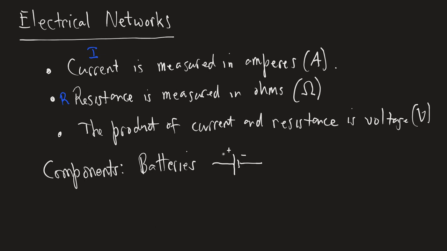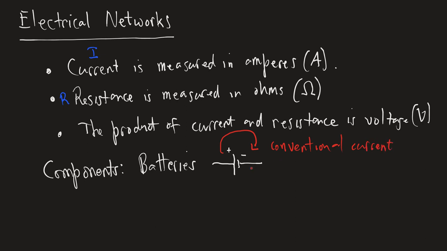And in general, conventional current flows from positive to negative. So let me use a red to indicate the flow of the current. That red just indicates the flow of the conventional current.